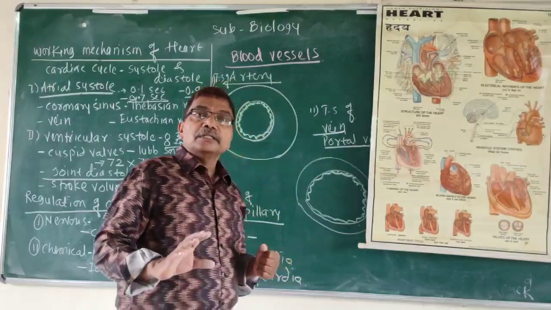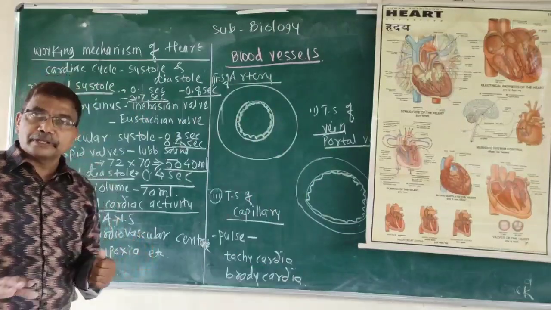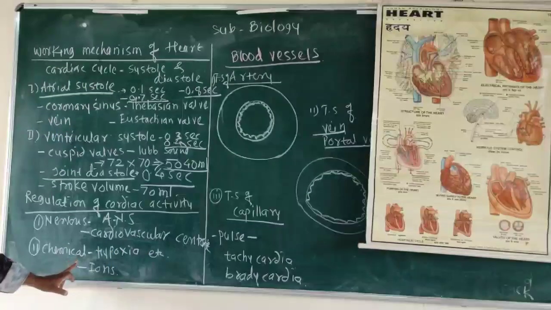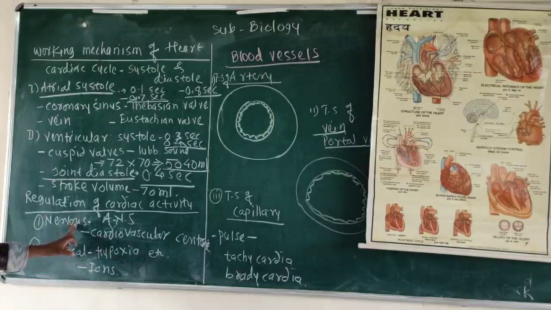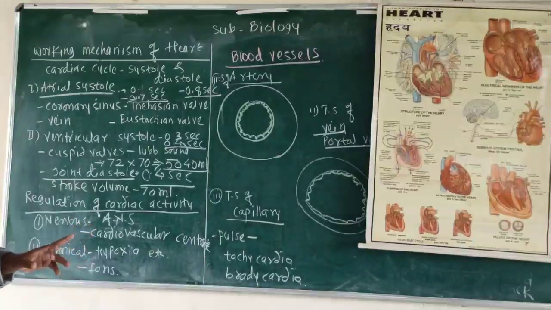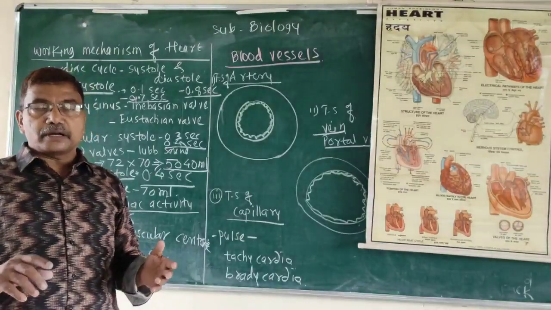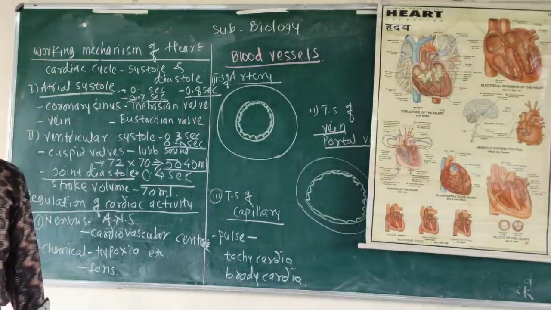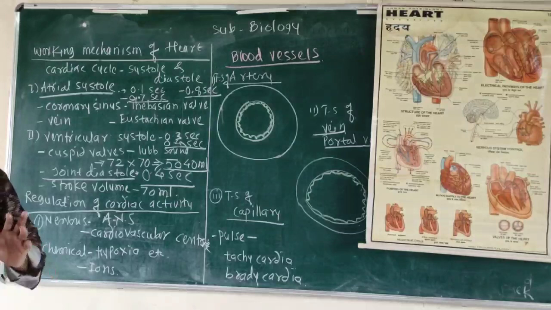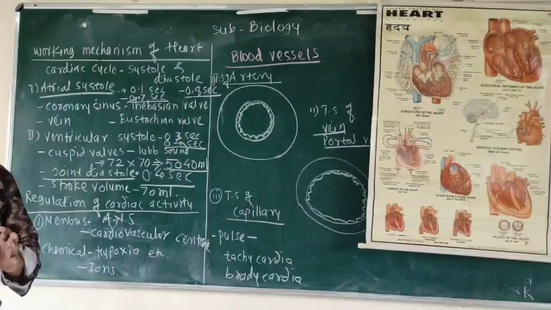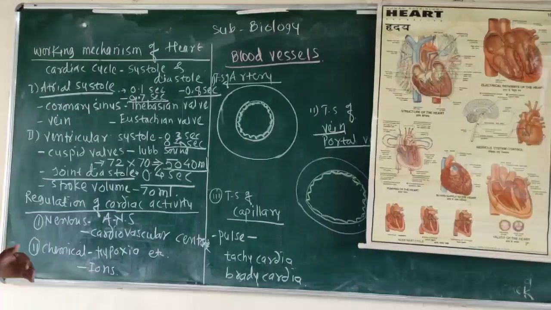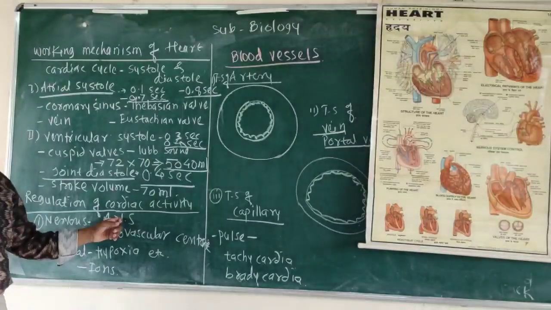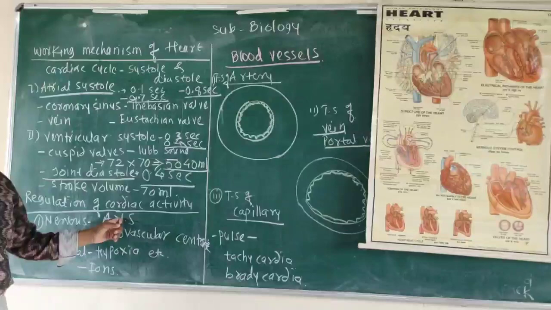But no doubt, heart activity is controlled by two methods, one by the nervous system and second by the chemical or hormonal system. Our nervous system is well developed and consists of three parts: CNS, PNS and ANS. The ANS, the autonomic nervous system, works autonomously, not according to our will. It consists of two parts, sympathetic and parasympathetic.